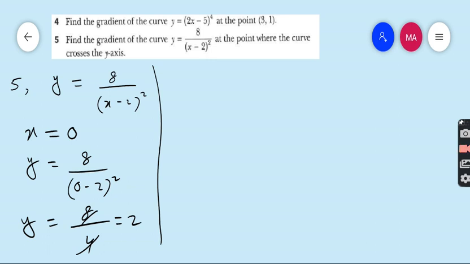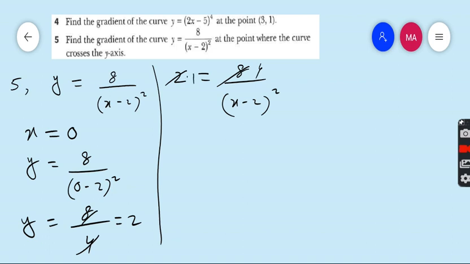Now put this value of y, 2, in the given equation. That is, replace y by 2: 2 is equal to 8 upon (x minus 2) whole square. This 2 cancels with 8, 2 fours are 8, and the remaining is 1.